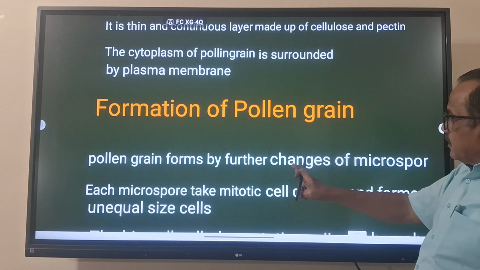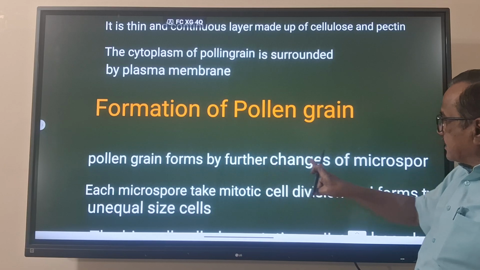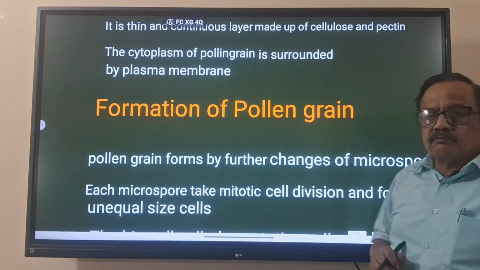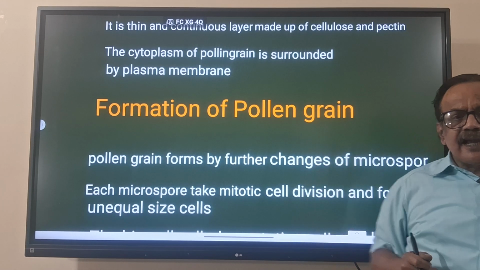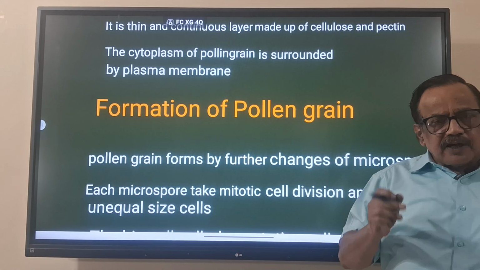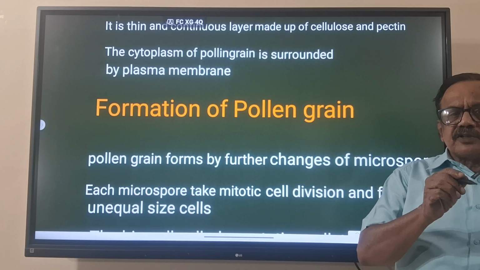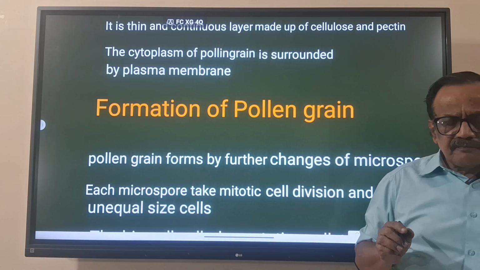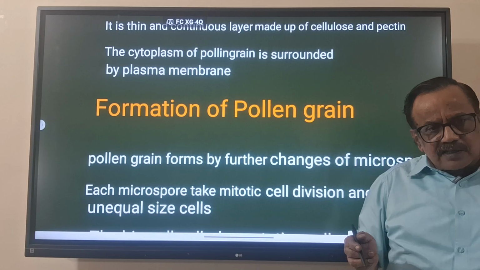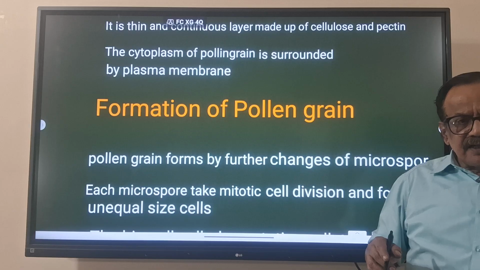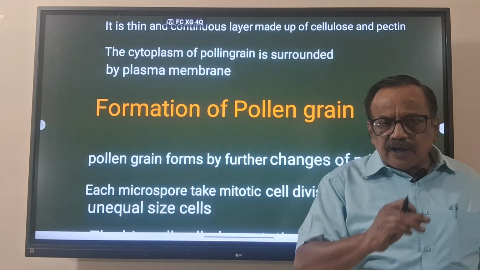Pollen grains form by further changes of the microspore. Microspores are formed in the microsporangia. In the microsporangia, centrally there is the sporogenous tissue. Each cell of the sporogenous tissue acts as a spore mother cell, and it undergoes reduction division, meiosis, and forms 4 haploid spores.